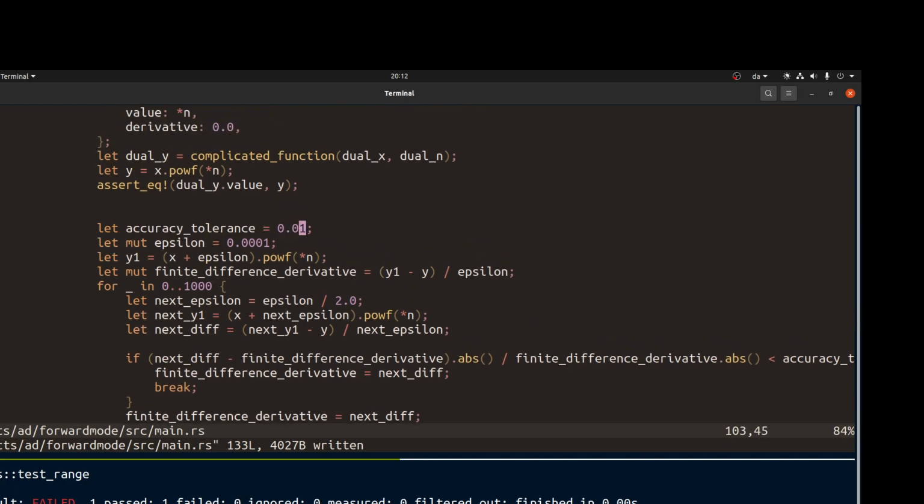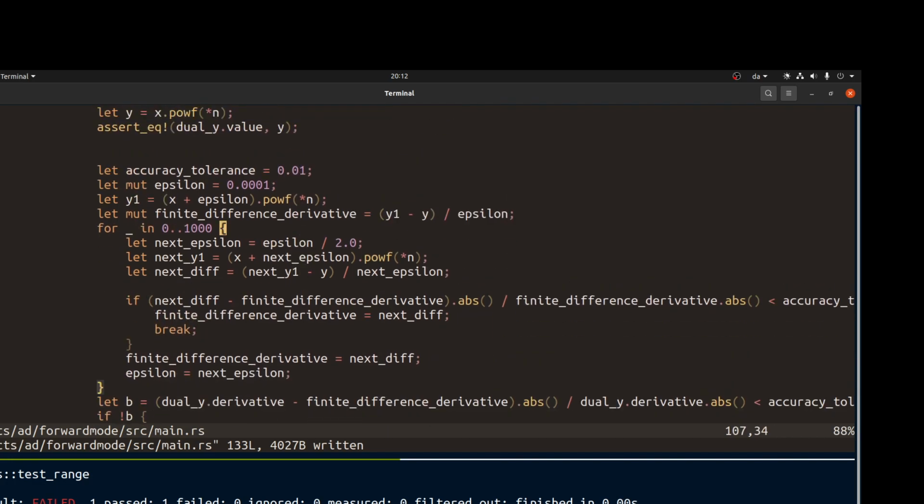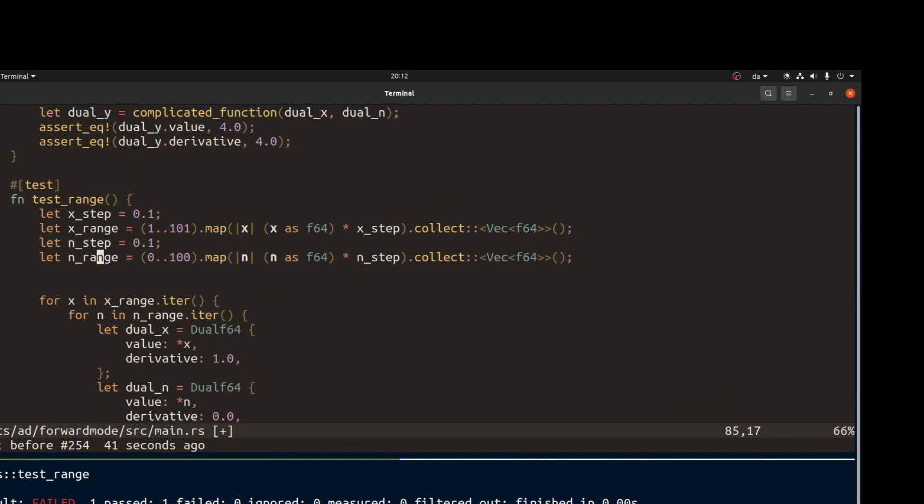Probably because the derivative is very small. So let's make it a loop again. We're not gonna do this many.